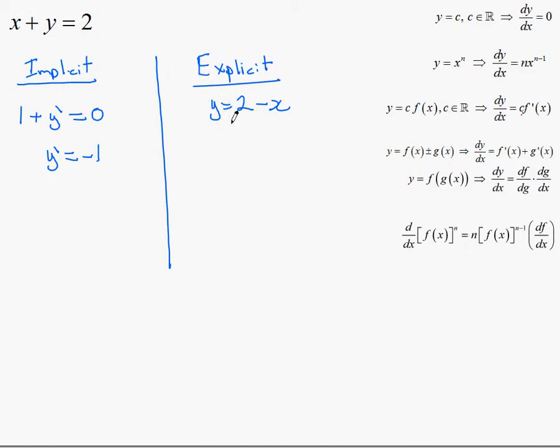Explicit, y is alone, all the x's are on the other side. So now the derivative is derivative of 2, which is 0. Derivative of x is 1, so 0 minus 1 is negative 1. So same in both cases. Implicit, x's and y's are mixed together. Explicit, solved for y explicitly, meaning all the x's are somewhere else or on the other side.